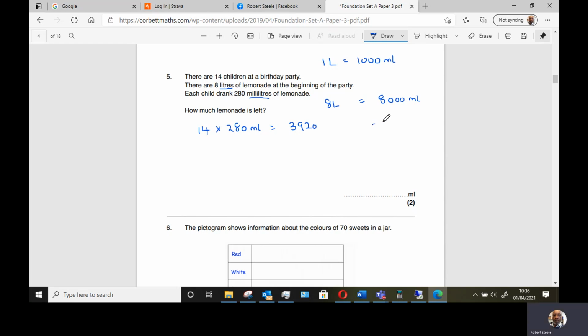So if you subtract what gets drunk, what's left? So see, there's a big clue here. You've got millilitres on the answer line. So if you're going to be answering in millilitres, it makes sense to convert to millilitres right at the start.